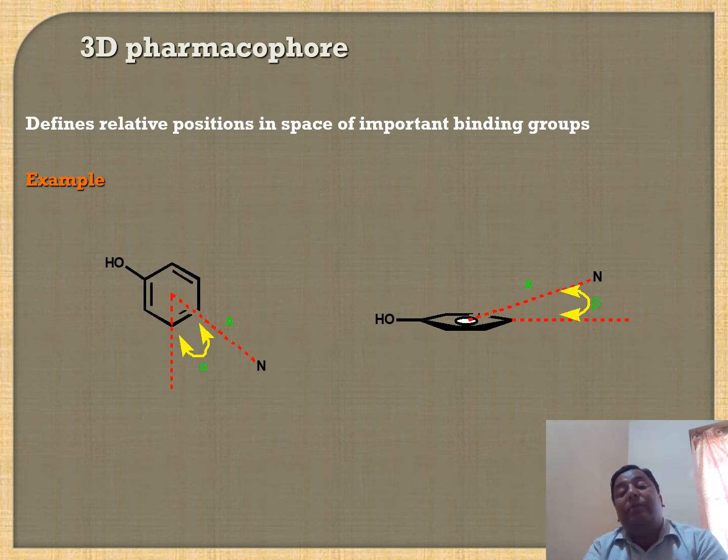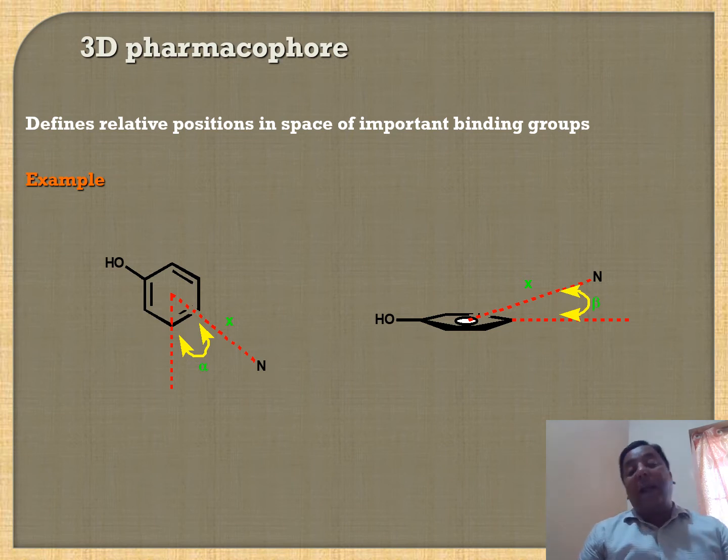If three atoms are important in binding, then those three atoms can also be mapped in a distance, but that distance will be treated as an angular distance. So here we say that x is the distance between two atoms, and alpha and beta are the angular distances.